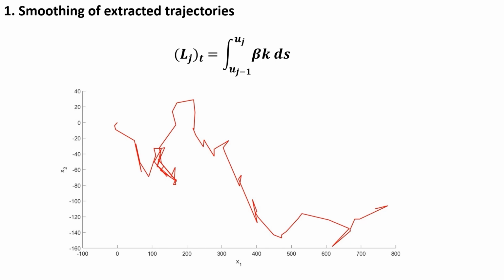Thanks to the formula you can see in the slide, we obtain the new length of a segment, and we can also recompute where its endpoints are on the evolving curve. So we find for every point on the evolving curve its correspondent point on the original curve. The attracting vector is then defined as the vector connecting two corresponding points.